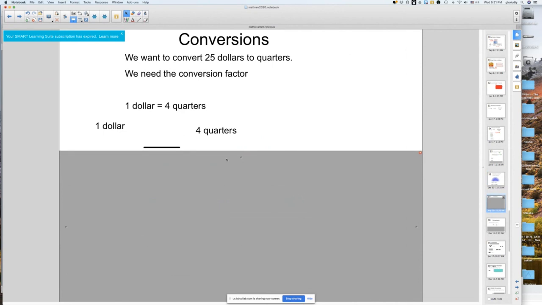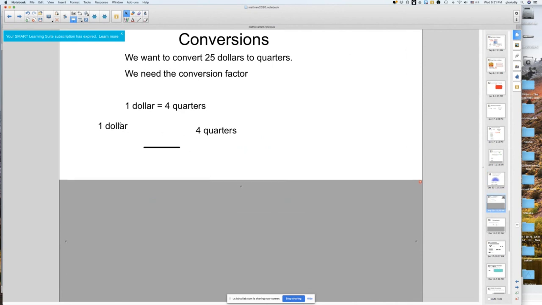We know that. So we can multiply by $1 like this, or we can do it the other way around. In this case, this would be 4 quarters per dollar. In this case, it would be $0.25 per quarter.